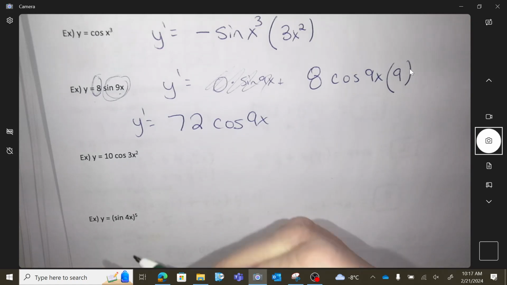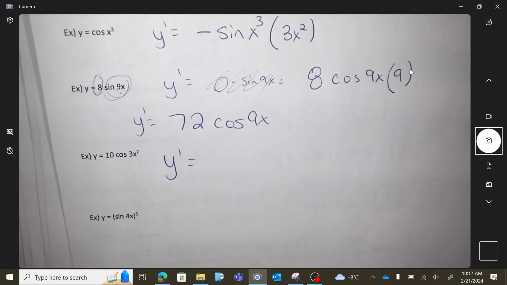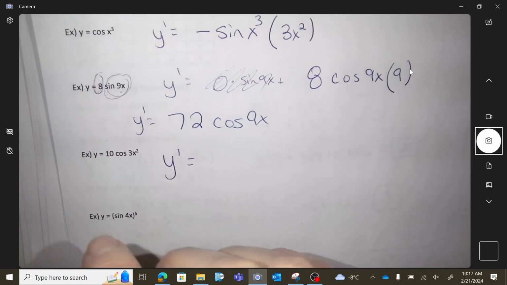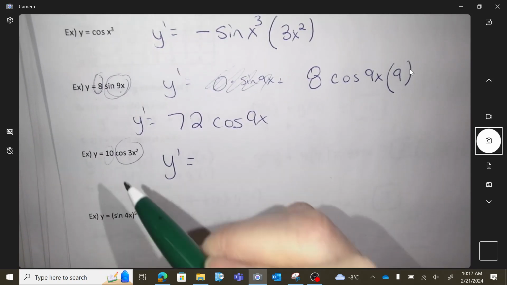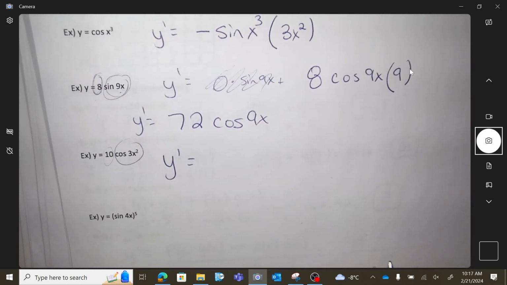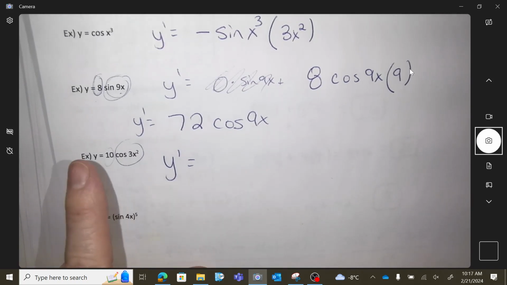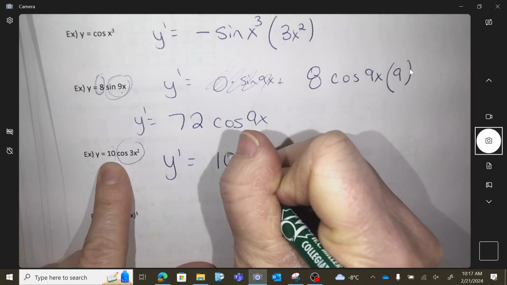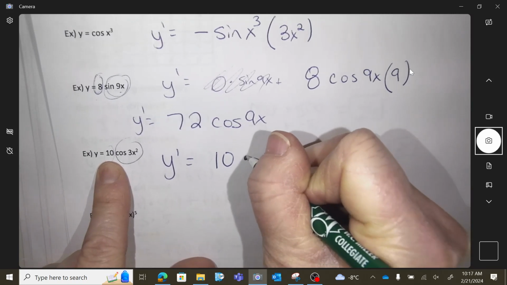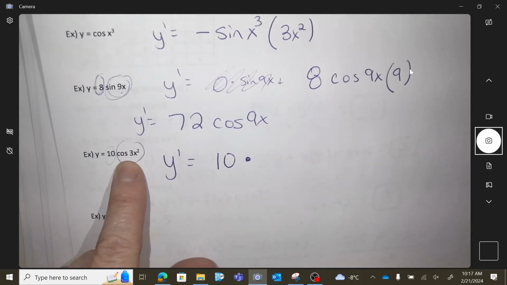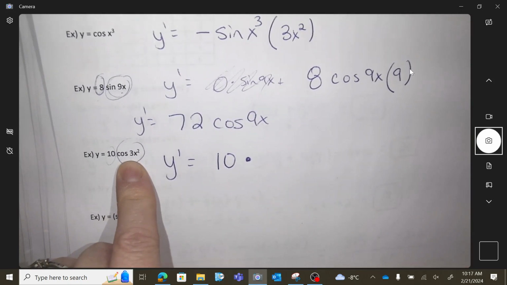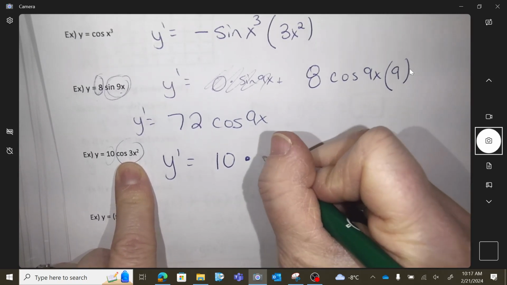Okay, so on this one, you can really think of it as a product again, so we don't have to worry about that first product, because it'll be 0 times whatever. So the second part would be to keep the 10, derive a cos function. What's the derivative of a cos function?